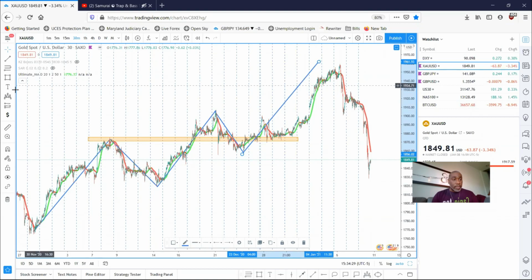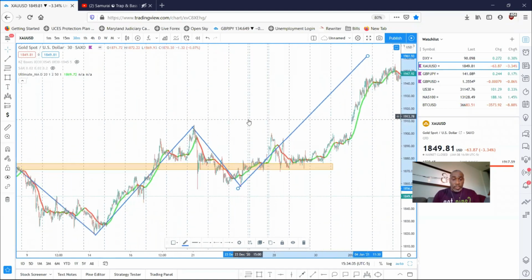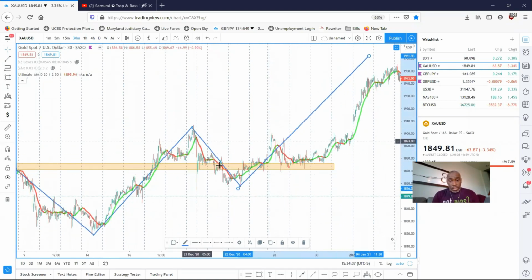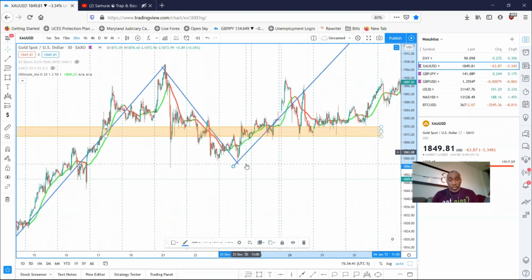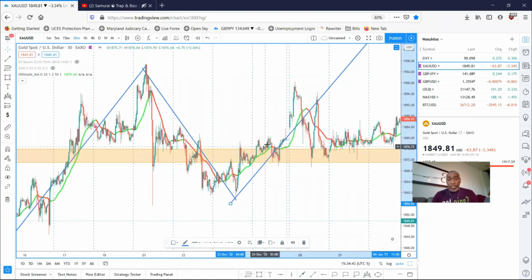Now, where's your entry point? Where are your exit points? Typically what you want to do is pay attention to this zone here. Once the market breaks back above that zone, this becomes the area where you're going to set your entry.